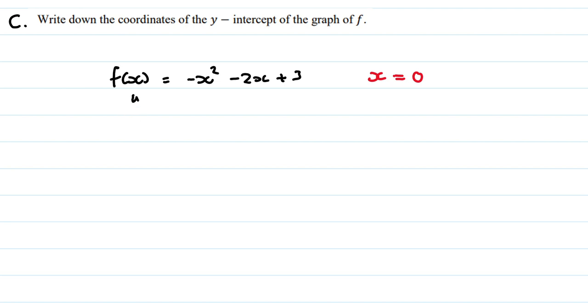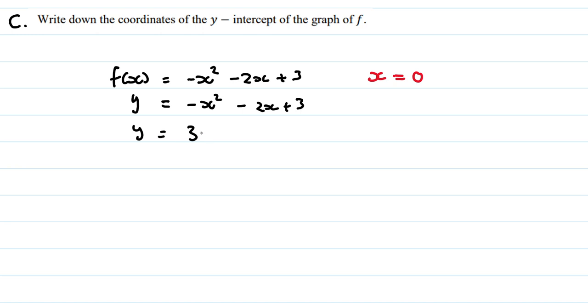coordinate. So we already have the x coordinate, which is 0, and we have something like this: negative x squared minus 2x plus 3. So what we have to do, just plug that 0 in, and then when you put 0 there, that goes to 0, that goes to 0.